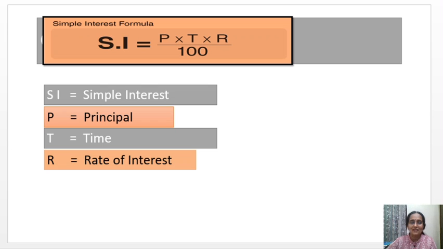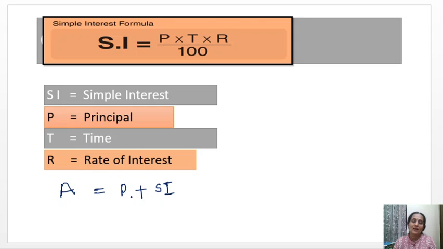When you have to refund the money, or when you get the amount after depositing for some years, how will you get that amount? Principal is added with simple interest, and you will get the amount.